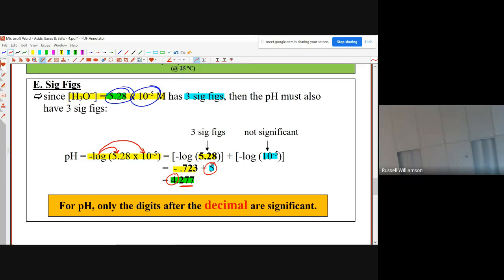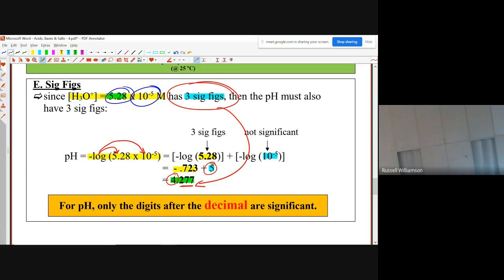So we're going to say that the part before the decimal is not significant, and the parts after the decimal are significant. So here's what I would do: we have 3 sig figs, so we're going to round our answer to 3 decimal places. 3 sig figs means 3 decimal places.